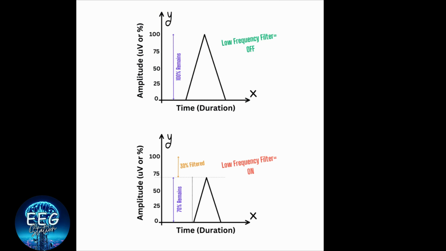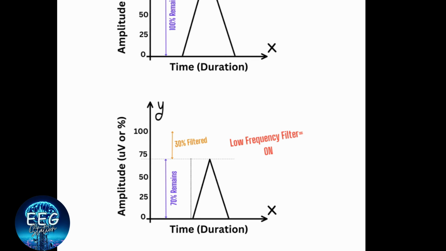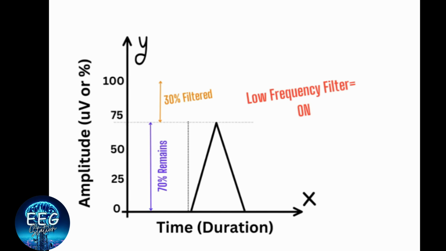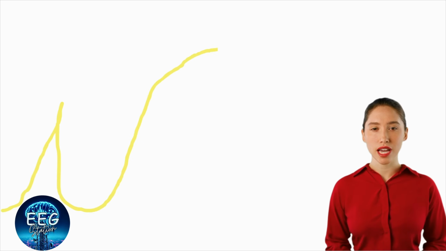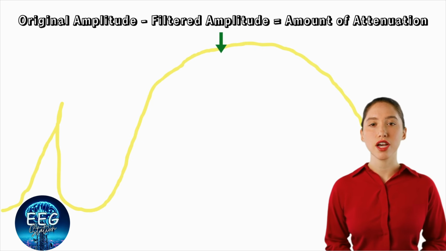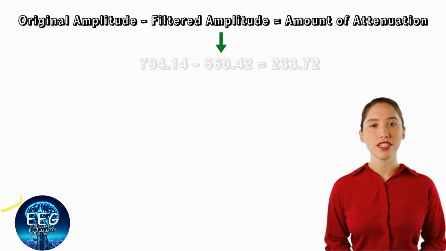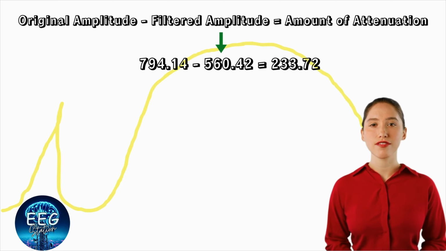That is, 30% of the wave's height is attenuated at the cutoff frequency, in this case 3 Hz. And that directly implies that 70% of the original unfiltered wave's height remains. We can also subtract the filtered amplitude from the original amplitude, 794.14 minus 560.42, which equals 233.72.